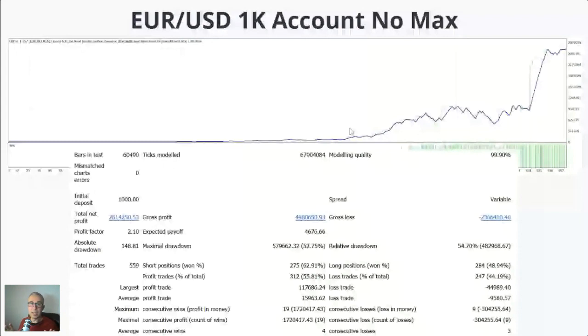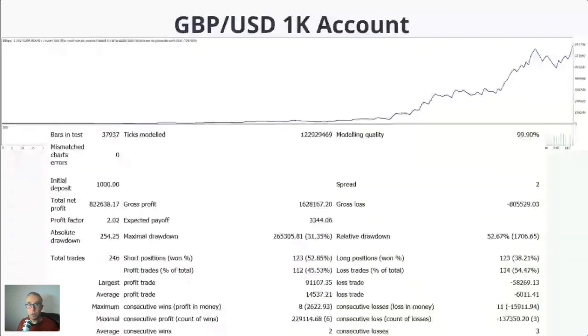And last but not least, that's all 15-minute Euro-Dollar. But we also saw other currencies and timeframes do well. Pound-Dollar 1 hour chart, for instance, went in 5 years from 1,000 to almost a million, with a profit factor of 2.02, let's say 2, with a drawdown that was a little bit better, depending on how you counted, 30 to 50%.